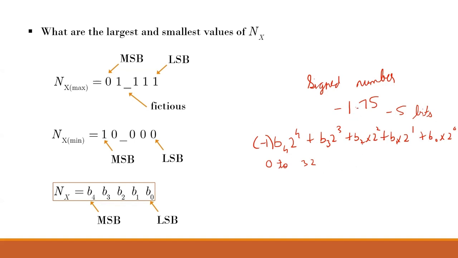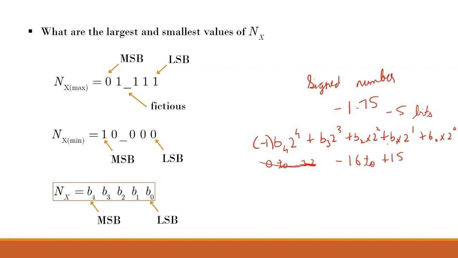Sir, where is the minus sign coming from? Will there be any additional bit for that? This will not be minus anything. So this will be minus 16 to plus 15. When it was just unsigned, just a positive value, B4 is multiplied by 2 raised to 4, B3 is multiplied by 2 raised to 3, and then they are added up.